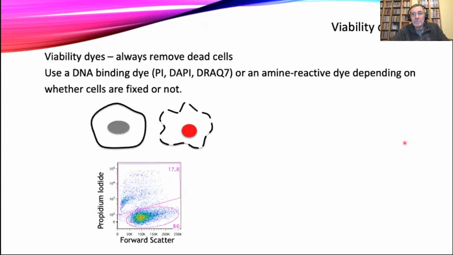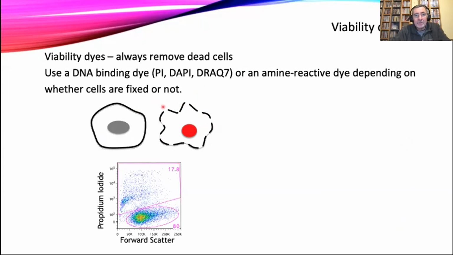And for many years, the way we did this was by using DNA binding dyes, things like propidium iodide or DAPI or any of those other dyes that you're probably familiar with that bind to DNA. The principle, as I said, is the fact that a dead cell is permeable. So if I add propidium iodide to a culture or a tube of live cells, that dye is not going to go into the live cells. Okay? Can't get in, or it gets pumped out very quickly.